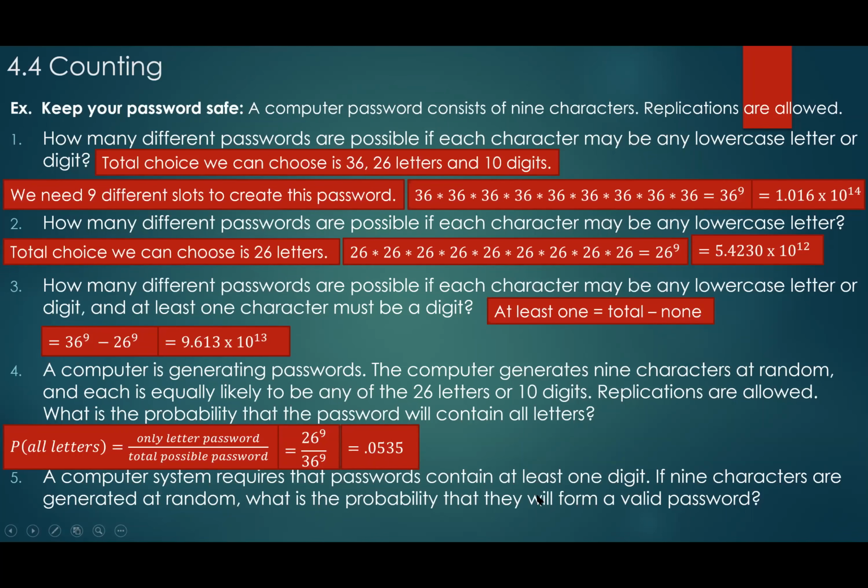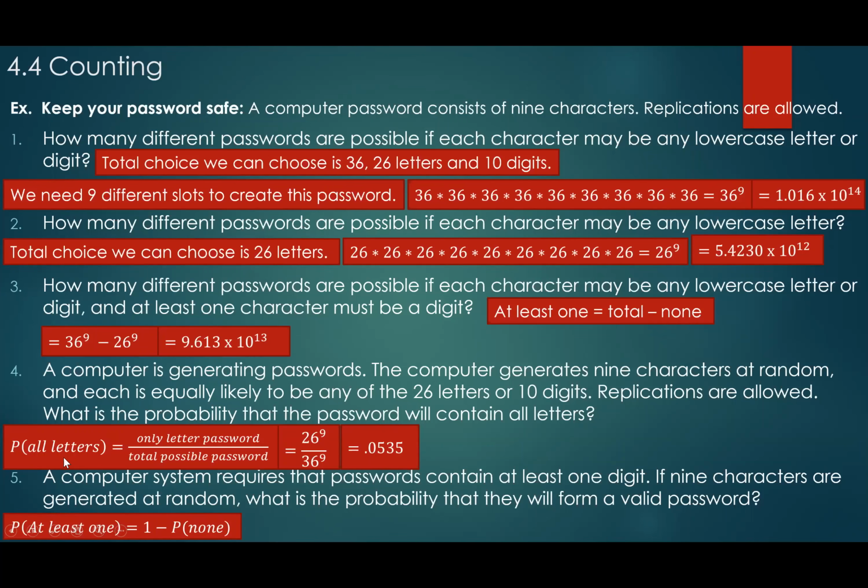As you can see, the next thing they ask you is what's the probability of at least one. The computer generates this password, and what's the probability that this password has at least one number in it, right? To go back to our probability of at least one, we know that we can take 1 minus the probability of none, which is the probability of all letters.